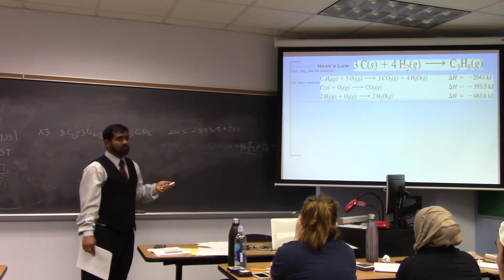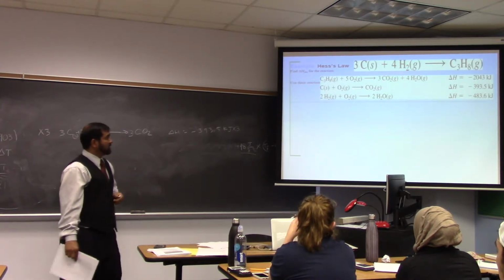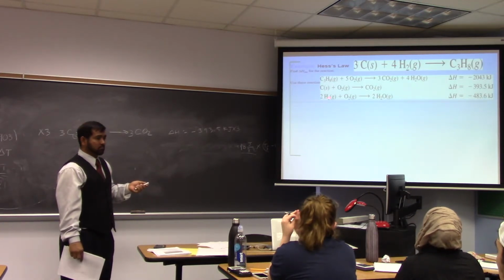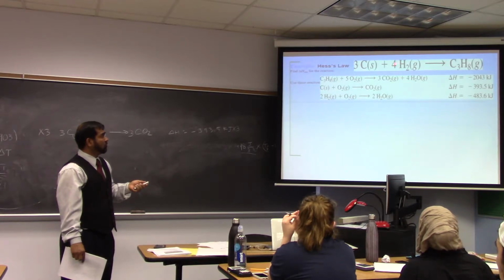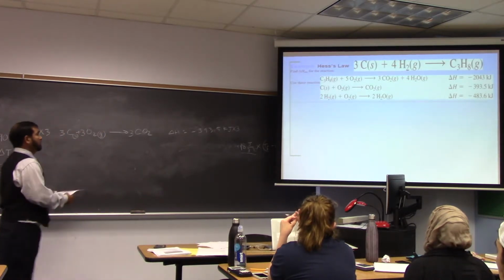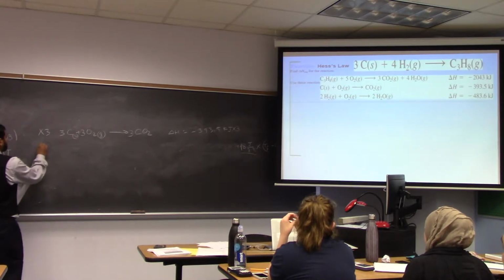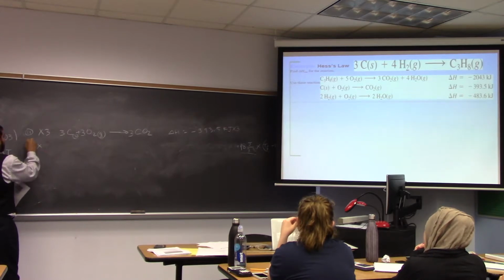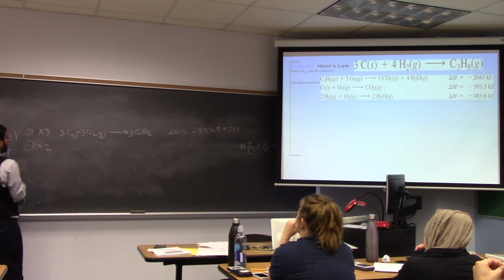And then what else do you need? You need hydrogen, right? Which one has hydrogen? The third one. Is the coefficient the same? No. So to get 4, what do you need to do? Multiply by 2. Let's do that. So equation 3, multiply by 2, right?